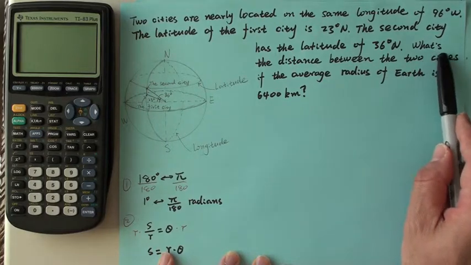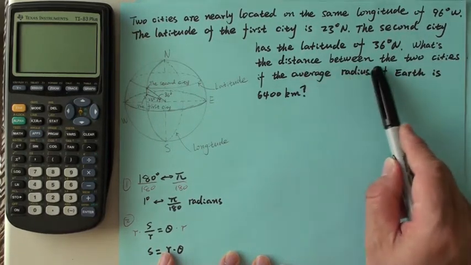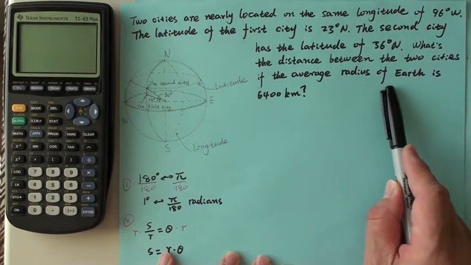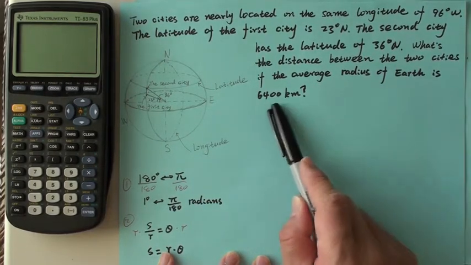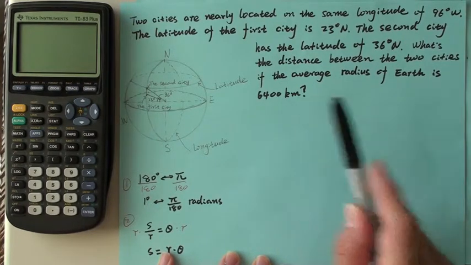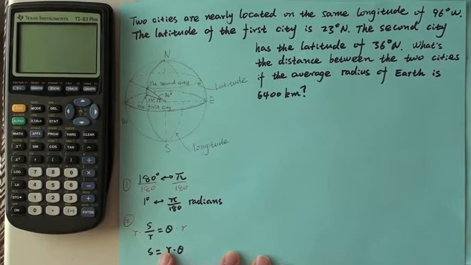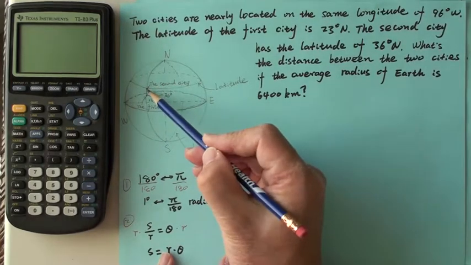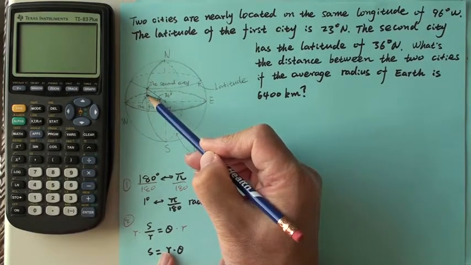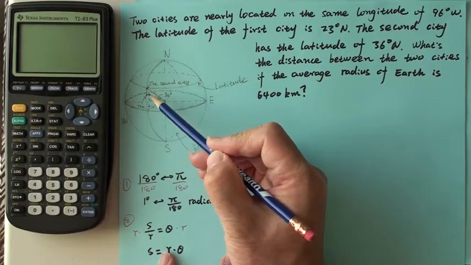Alright, now what is the distance between the two cities if the average radius of Earth is 6,400 kilometers? So basically what we need is we want to find out the distance of this arc, between the first city and the second city.